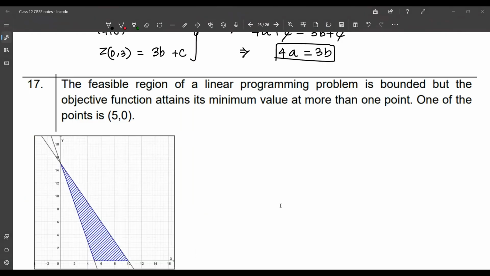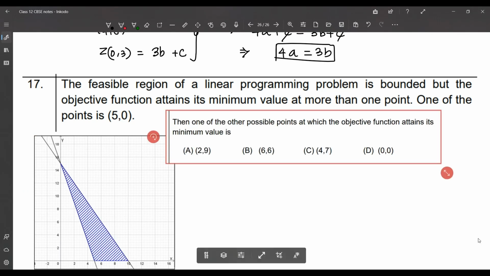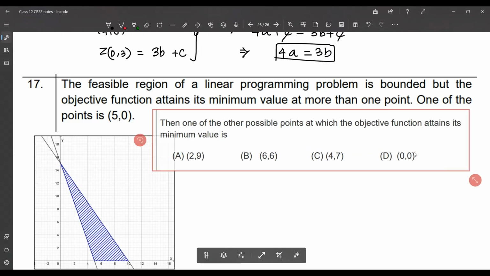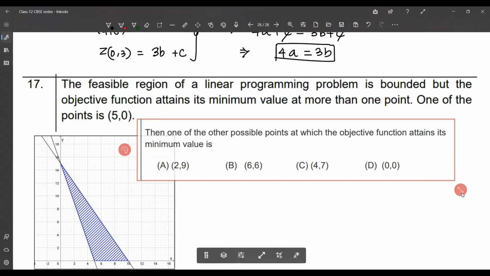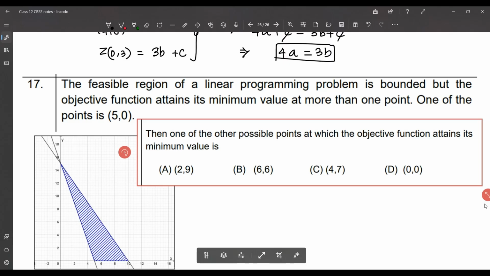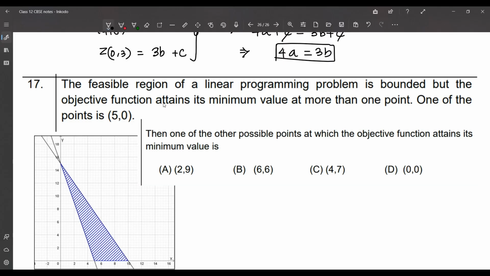One of the possible points at which the objective function attains its minimum value is... It achieves its minimum value at more than one point. One of the points is 5, 0. The point here is 5, 0.